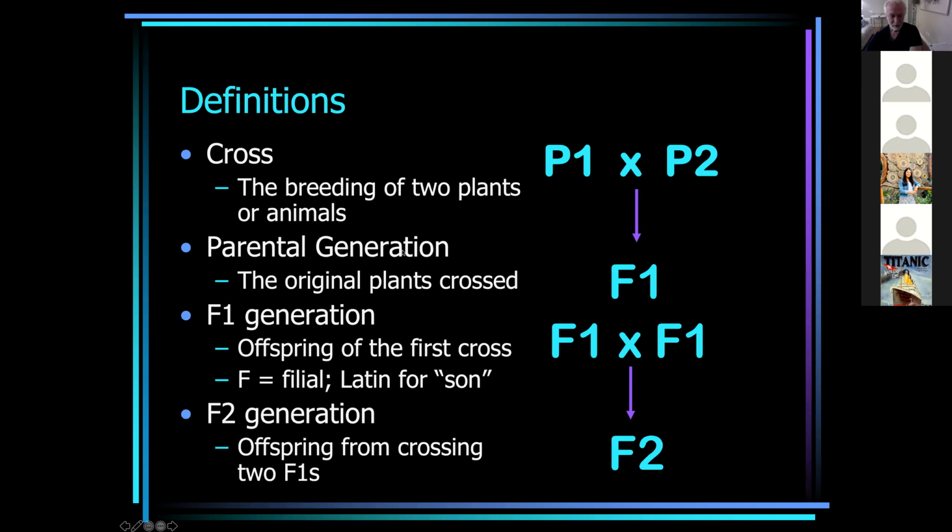The progeny of a cross is called an F1, filial generation 1. If you take two F1s and cross them with each other, F1 times F1, you get an F2. So the F2 generation is the offspring from crossing two F1s.